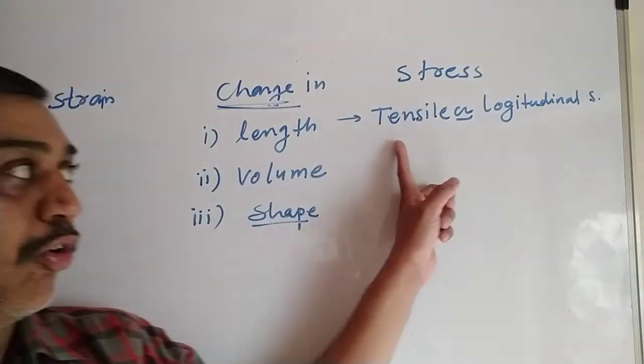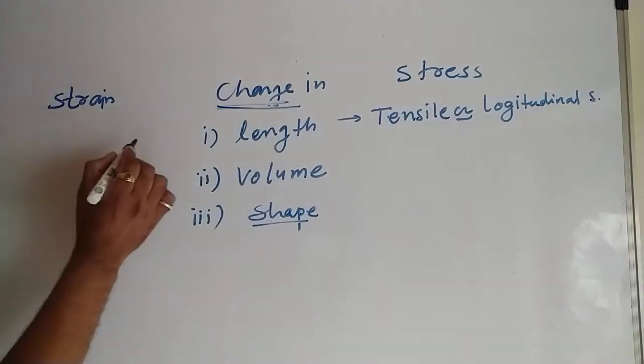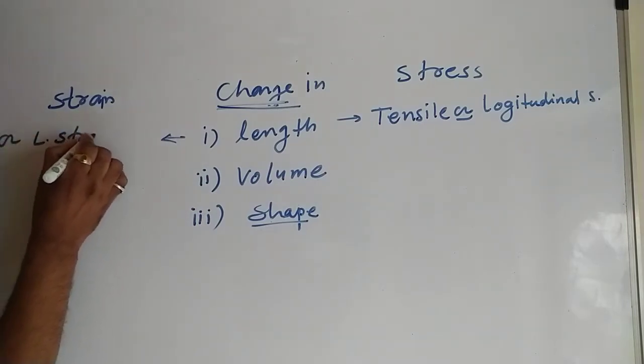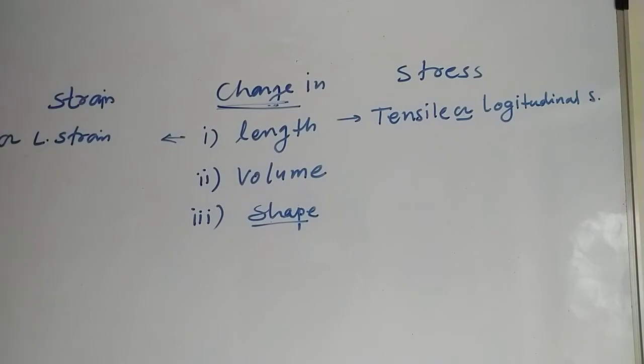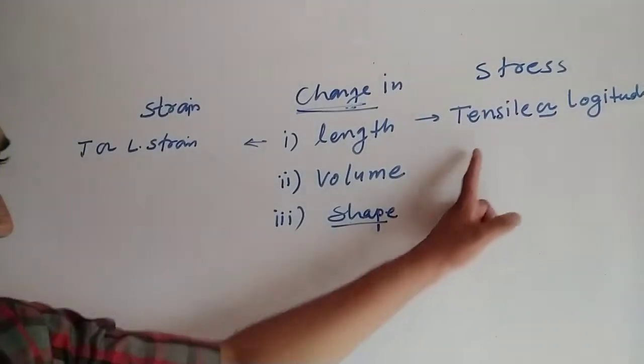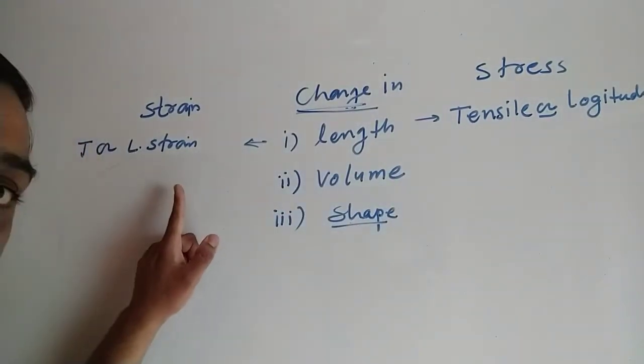The stress is said to be tensile or longitudinal stress. What about strain? So strain is said to be the same, tensile or longitudinal strain. So it is tensile stress, longitudinal stress. Here tensile strain or longitudinal strain.